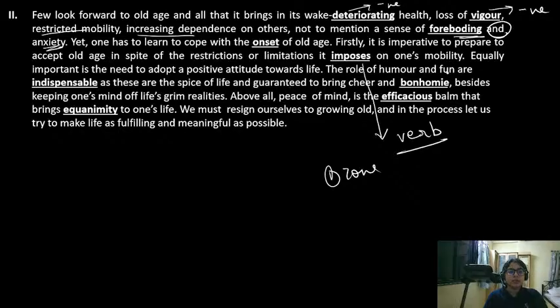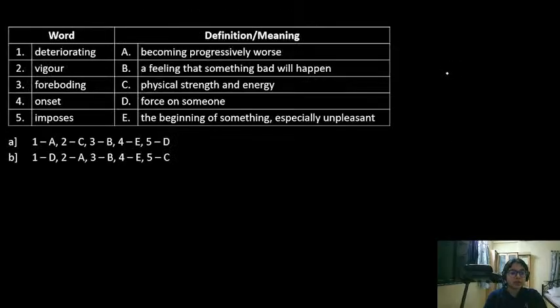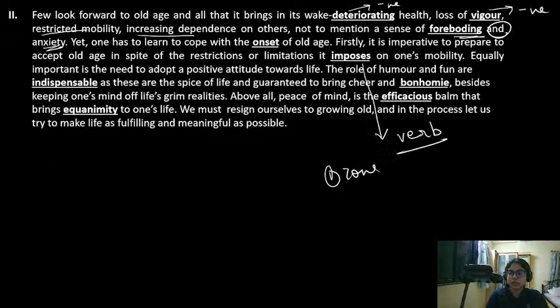Equally important is the need to adopt a positive attitude towards life. Okay, all the words that we have done so far, let us quickly check their meaning. First was deteriorating, which was something that was negative. Then vigor, it says loss of vigor, so I don't think loss of vigor should be negative. Vigor is something that is neutral.